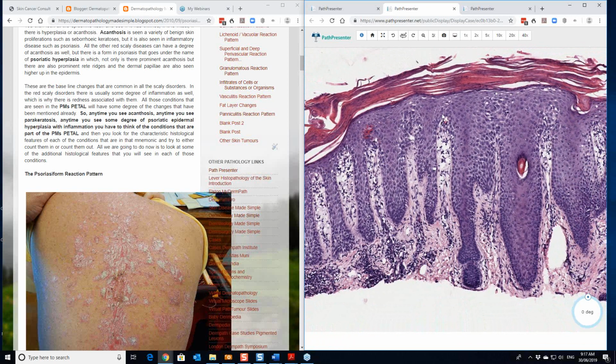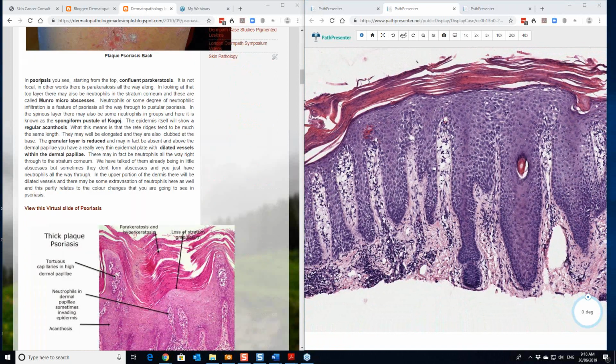Now, this is classical psoriasis, with that classical sort of picture. And there are other variations to it. We'll look at some of those variations in a minute. So just to recapitulate, in psoriasis: confluent parakeratosis, Munro microabscesses, when you've got the little collection of neutrophils underneath the stratum corneum up here.